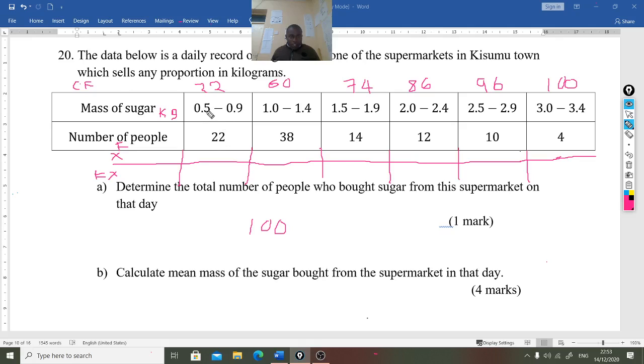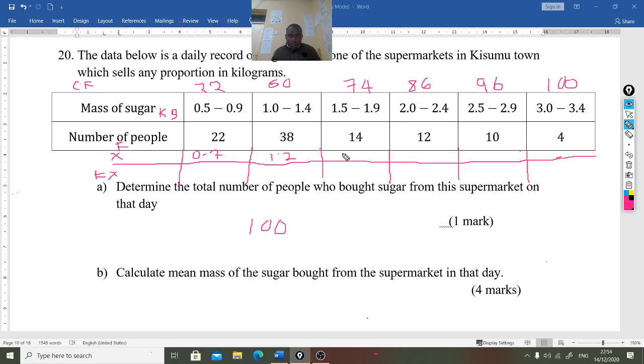X is the midpoint. 0.5 plus 0.9, you divide by 2 to find the midpoint. You get 0.7. Then 0.9 plus 1.5, you divide by 2, you get 1.2.